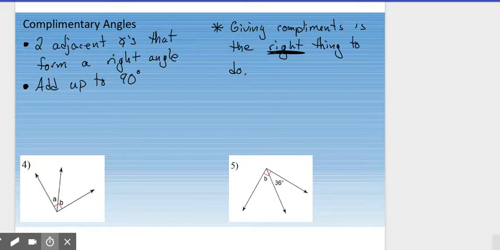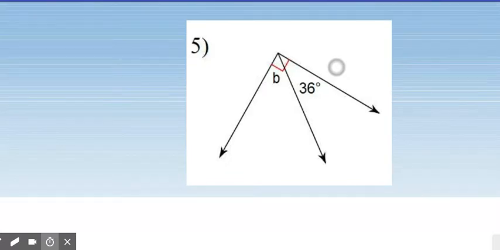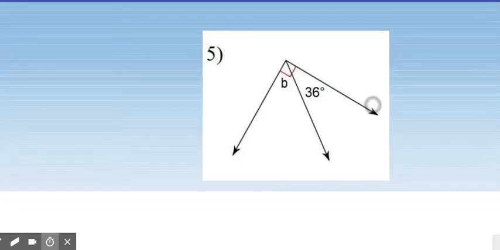So when we look at this example here, it was number 5, we have these two angles. Okay. We have complementary angles. Okay. We see that it is a right angle right there. So I can quickly write an equation and figure out what this is.